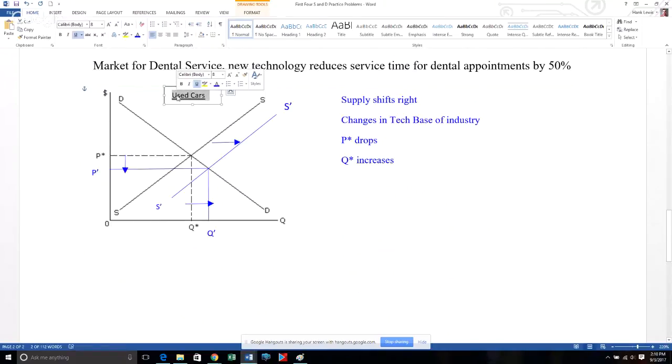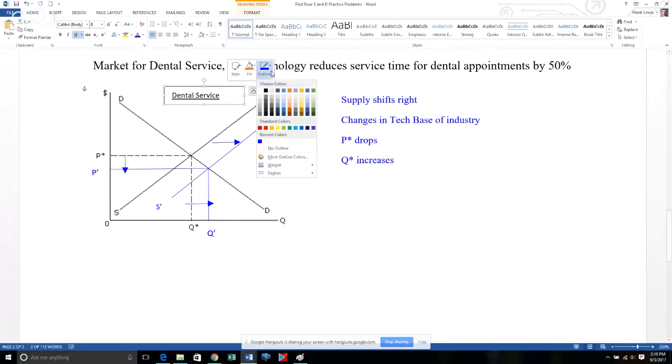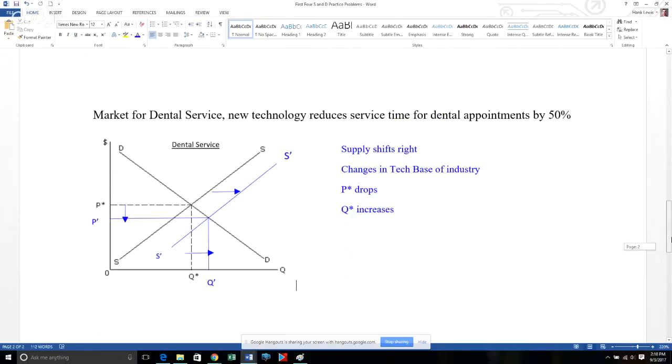So let's make sure that says dental service as well. Okay. Don't worry. I got this, y'all. There we go. Okay. Now we're done, more or less. Now we have got this stuff in a position to where we can see which graph these are and everything, and we've got all of our answers in place.